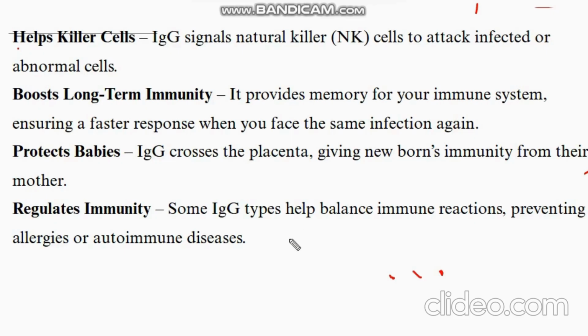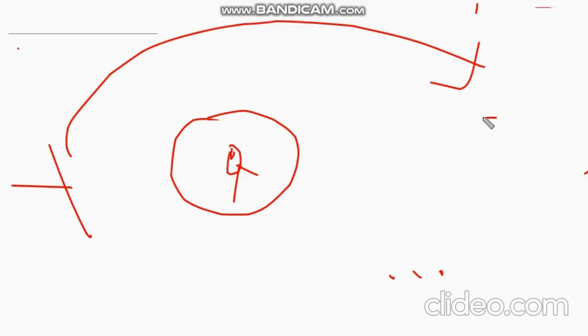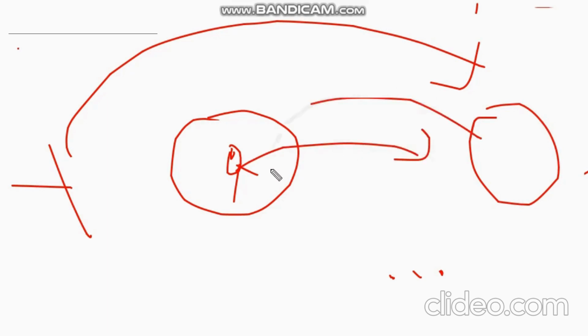For example, when our body or our cell gets infected by any pathogen, the IgG antibody helps the immune system or immune cells to recognize this pathogen, and the immune cell destroys the pathogen.